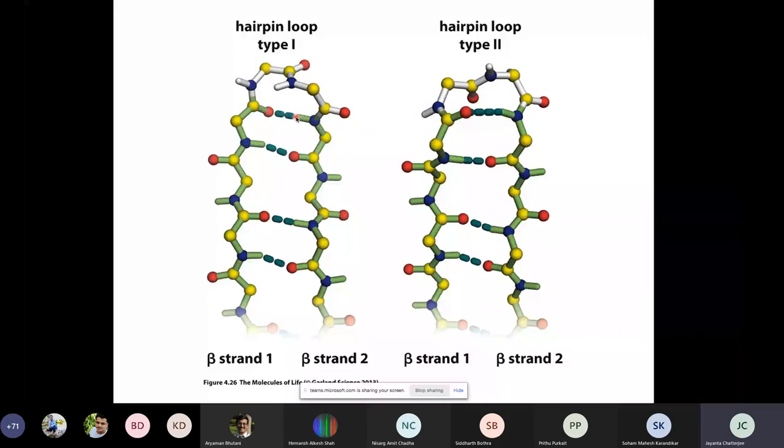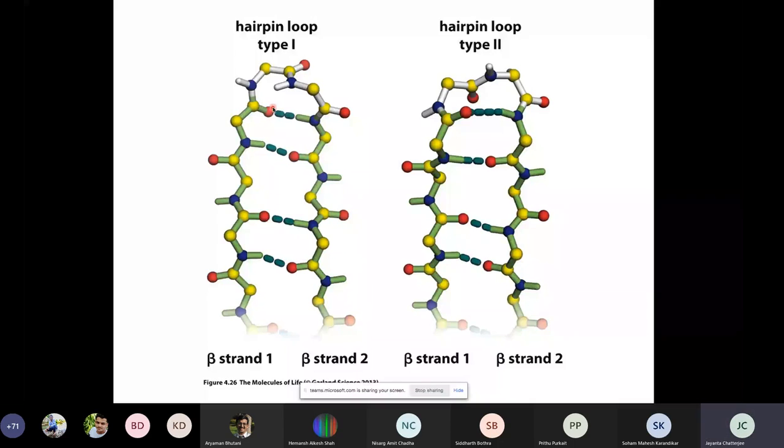If you recall, we said that in the 3-10 helix, you also have 10, right? It's very interesting, I just thought I'd mention it. If you have multiple type 1 turns connected to each other, so this is one turn, and if the next residues also adopt a type 1 turn and the next residues also adopt a type 1 turn, you will have nothing but a 3-10 helix.